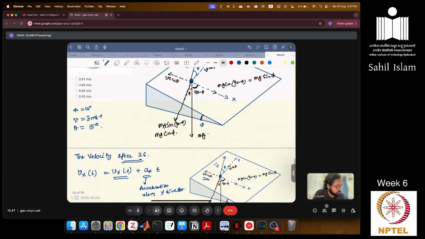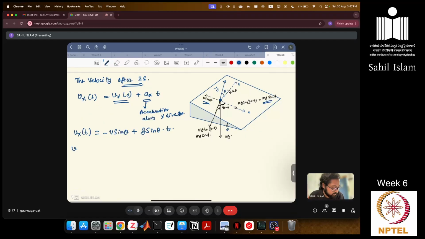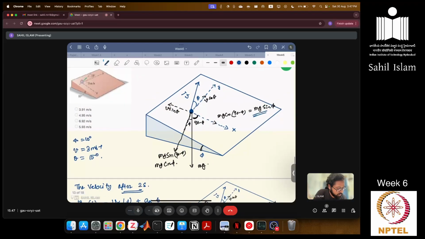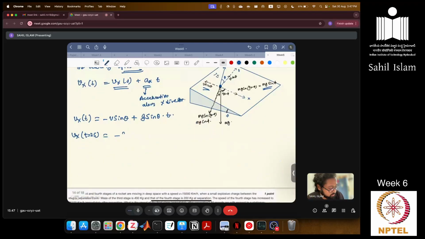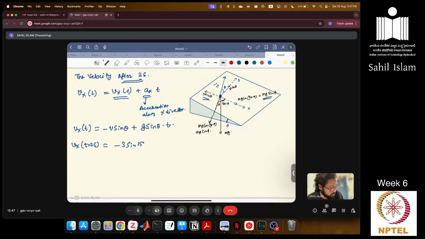So force along x direction is mg sin phi, divided by mass, so g sin phi times t. So Vx at t equal to 2 seconds becomes minus 3 sin 15 degree plus 9.81 sin 10 degree times 2.